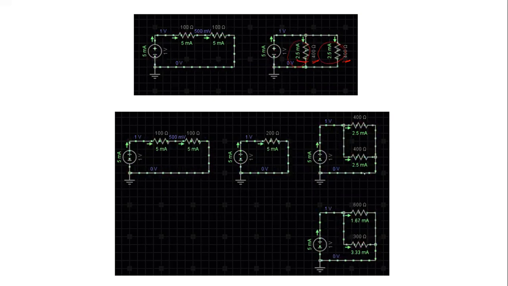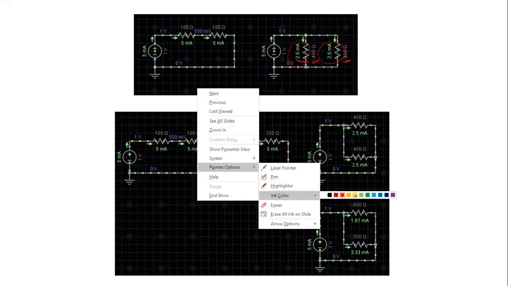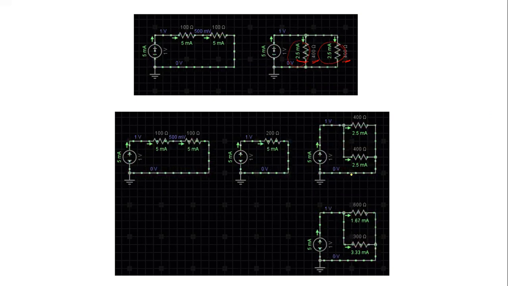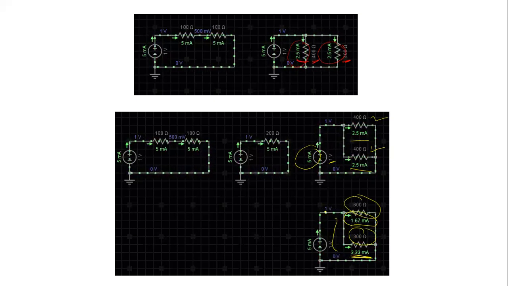Now, in the second picture, this resistance is 400 ohm and this is also 400 ohm, so 5 milliampere of current is flowing because of this 1 volt source. But now you have increased the value of resistance here and decreased the value of resistance here. Now the current in this branch has increased and the current in this branch has decreased. So this indicates that current always flows more in the branch which has minimum resistance, right?